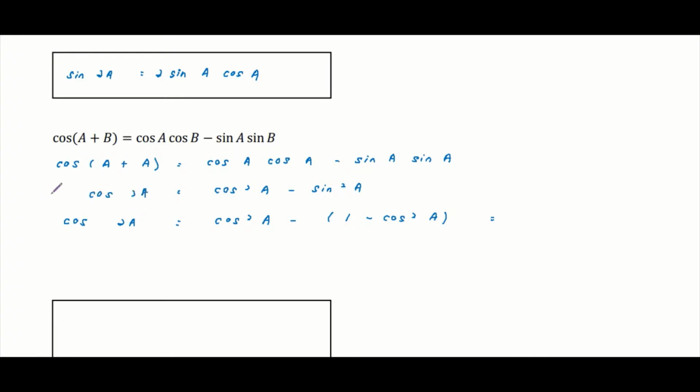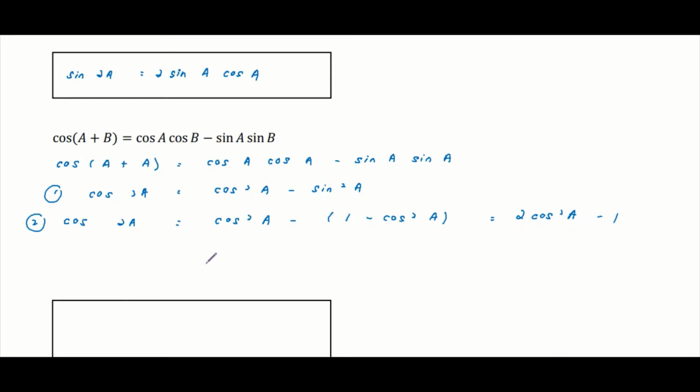Okay, so this is the first one that we have, which consists of sine and cos. So now let us continue to do that, what will it look like? So cos square A minus (1 minus cos square A). So minus minus, you get plus. So that's why you will have 2 cos square A and then minus 1. So this is my second formula, which consists of only cos.